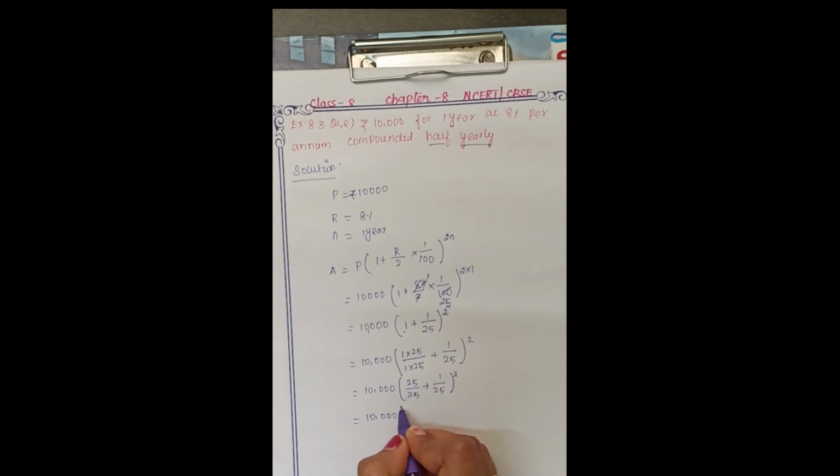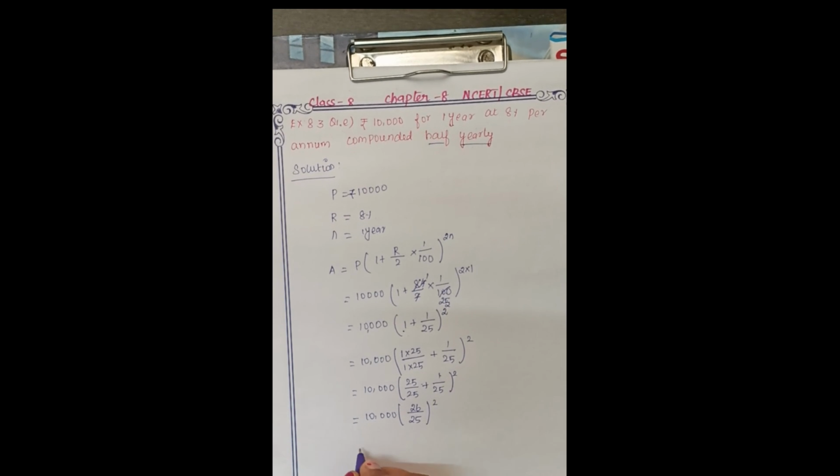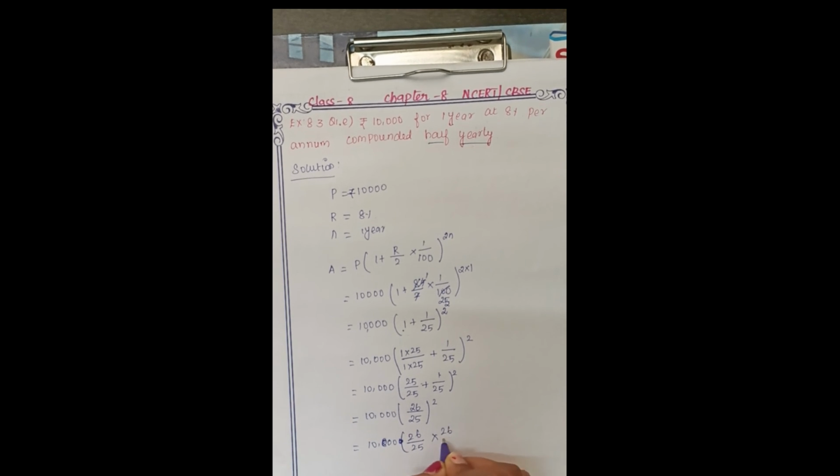So 10,000. Here the denominators are same. So take 25. 25 plus 1 is 26 power 2. So 10,000, sorry, 10,000 into 26 by 25 into 26 by 25. Because it is square, we need to write two times.